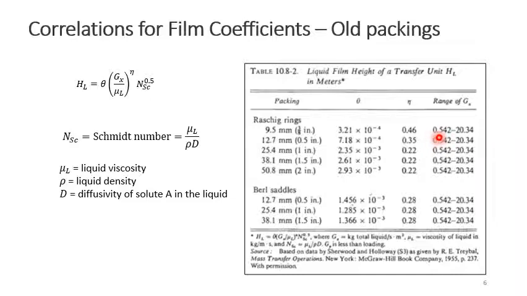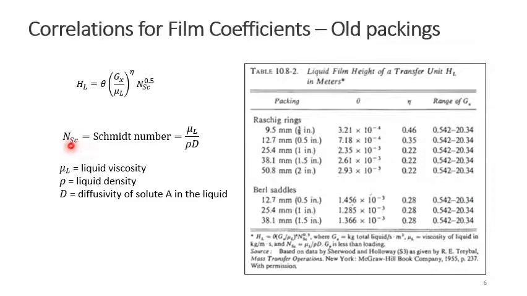So 0.542 of what? Kilogram per second per meter squared until 20.34. Beyond that range, you cannot use these values of theta and eta. You need to find other literature which can work for your range of Gx if it's not within this value.